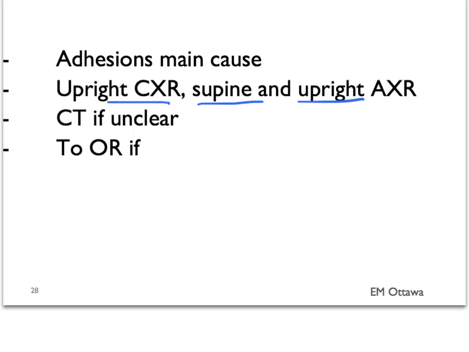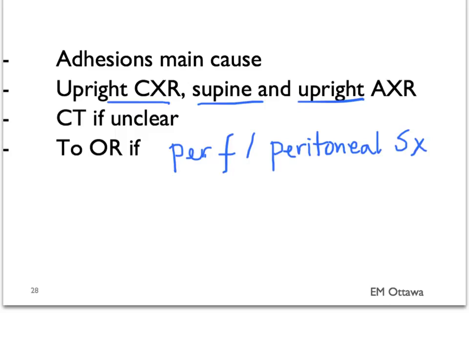If the diagnosis is unclear on the X-ray, CT will be the imaging of choice. Patients with peritoneal signs should be given antibiotics and referred to surgery early on. Thank you for watching.